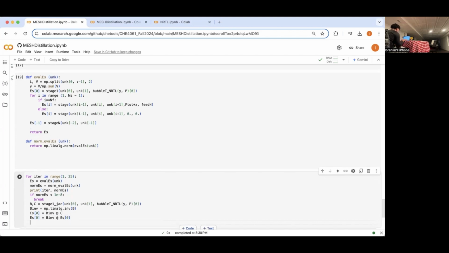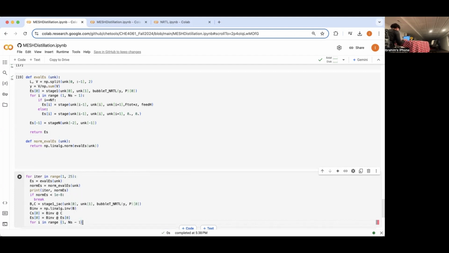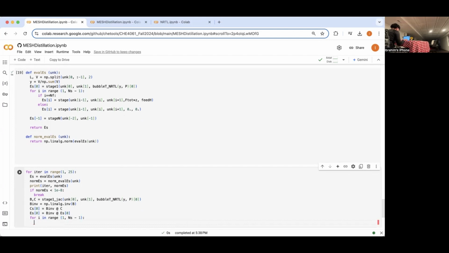All right, so we now want to go ahead and set up another for loop. So it's going to look like this: for i in range 1, so we did this before, number of stages minus 1. Let's go ahead and put a colon here. And we're going to be saying that if i is equal to NF, but we did that up here.